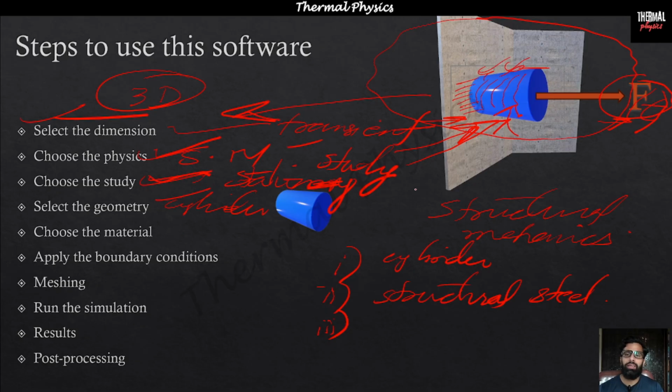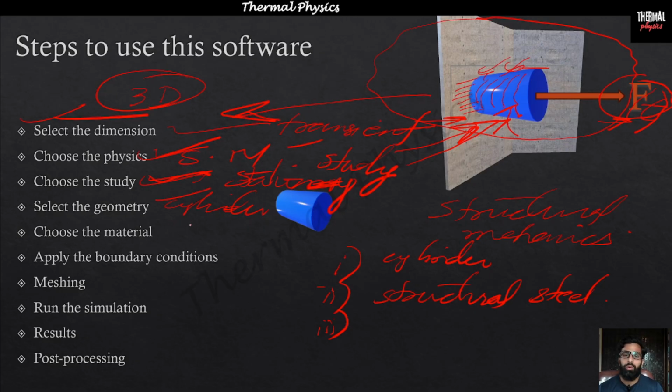Now, as I said, we have to input each and every detail to the computer in order to solve this problem, because it can't see the practical system like we can see with our eyes, we can feel the material and all that, and we know all of those things and we just apply the formula. But to the computer we have to input each and every detail.